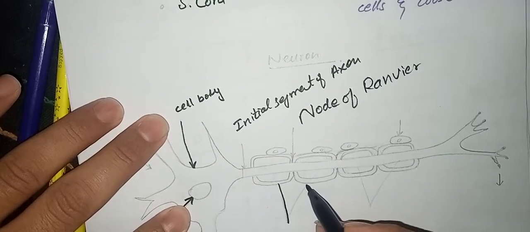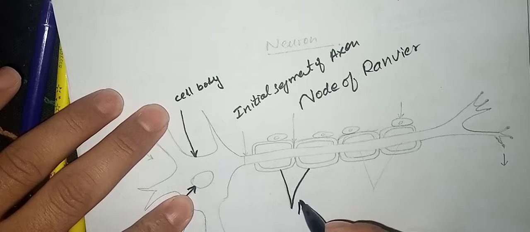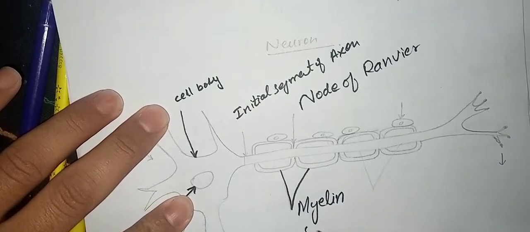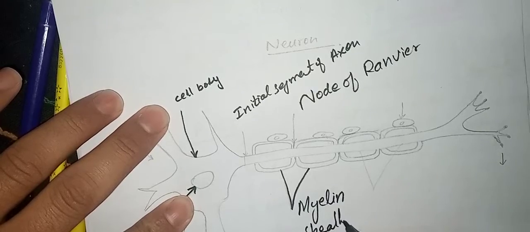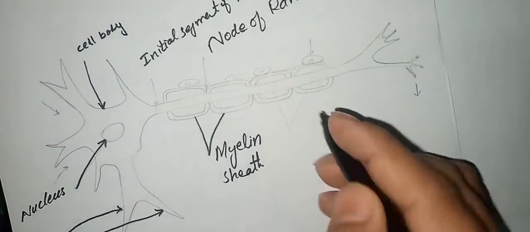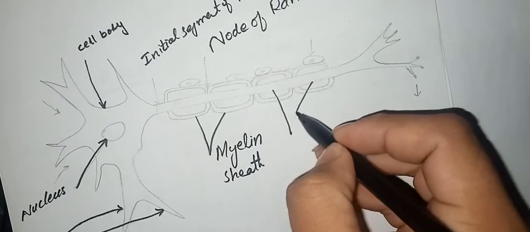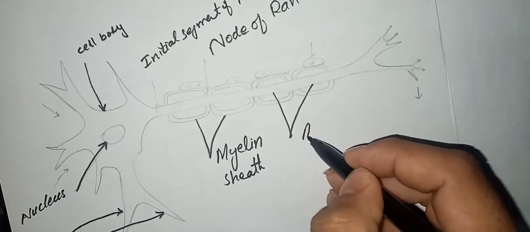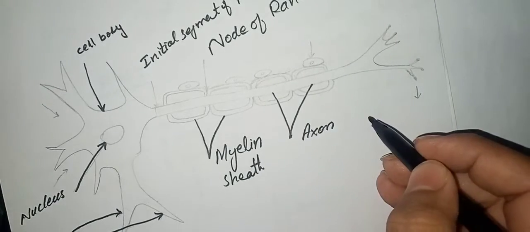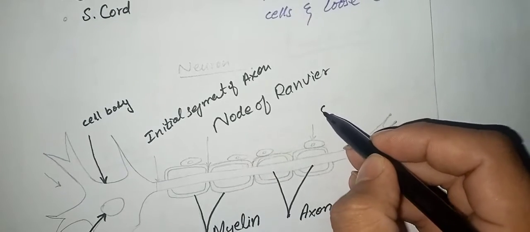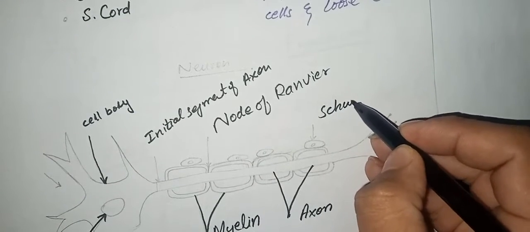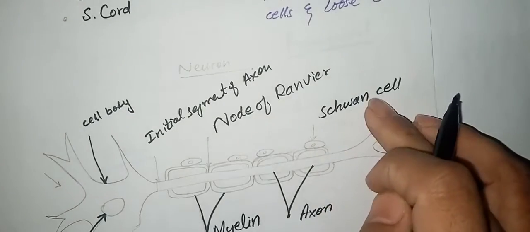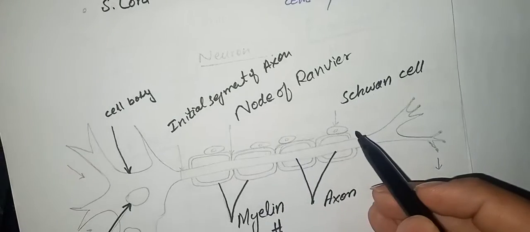And these are myelin sheaths. The tube-like structure which is going inside is the axon, and this is a Schwann cell, and all these are Schwann cells.